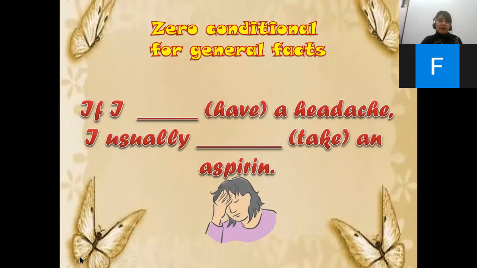So whenever I have a headache, I usually take an aspirin, or Panadol, or I drink a cup of tea, and then I feel relaxed and fine. So if I have a headache, this is something that is true in an individual's case, but not everyone's case.